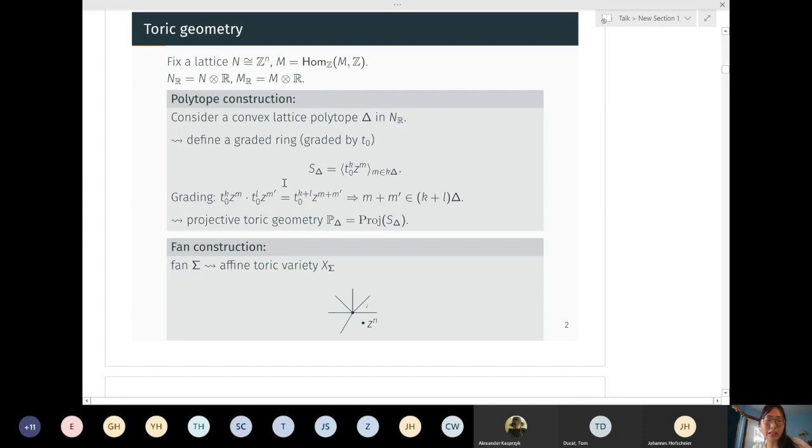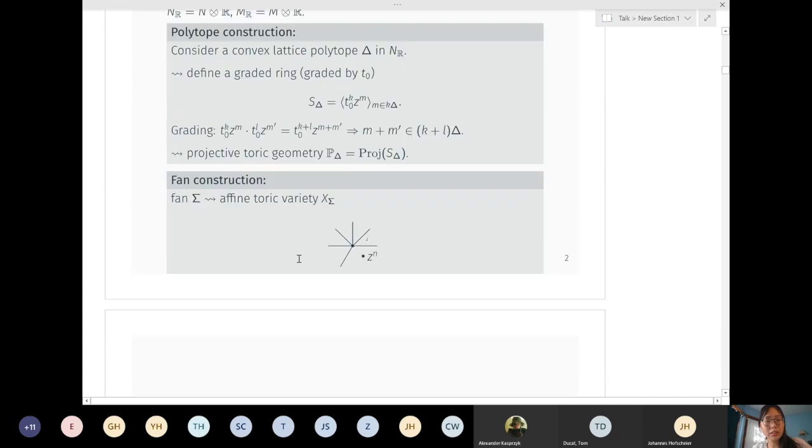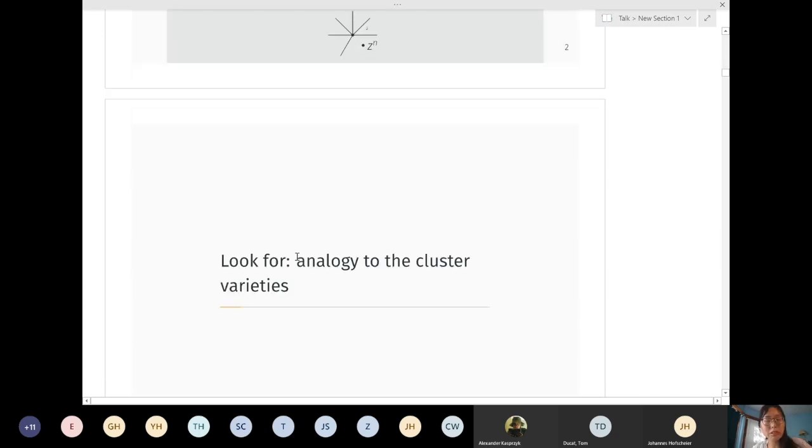This is the duality between the fan and the polytope with a support function. So this is what we do in toric geometry.